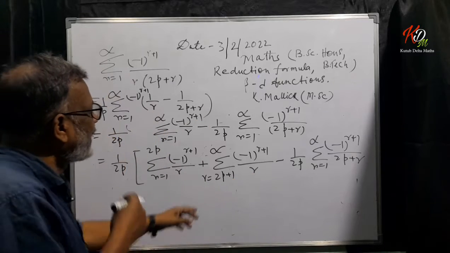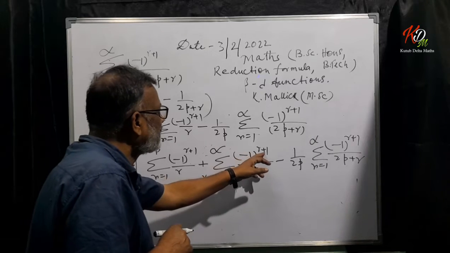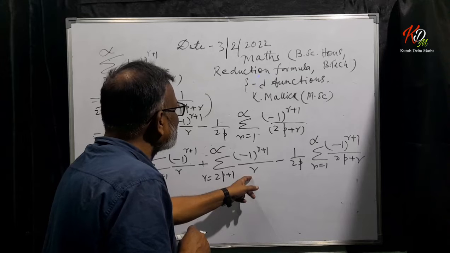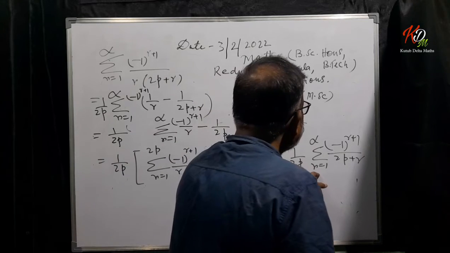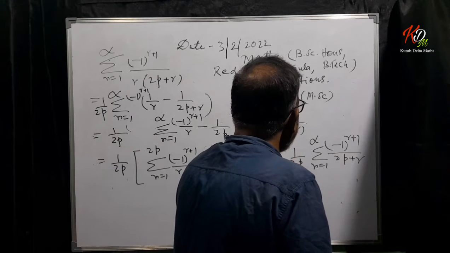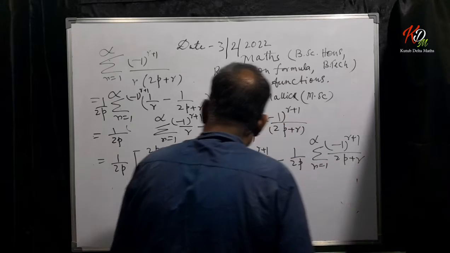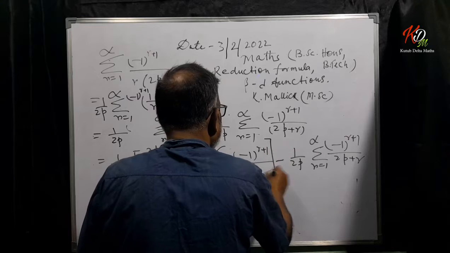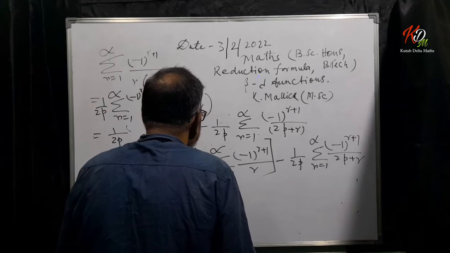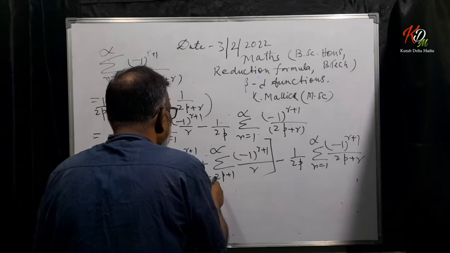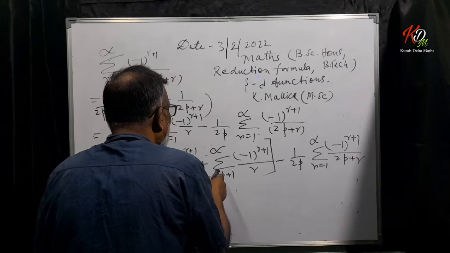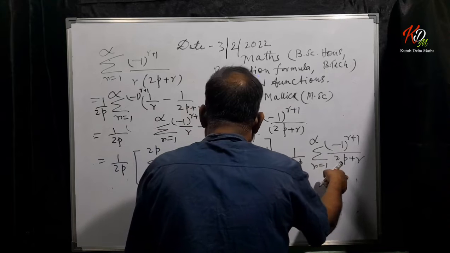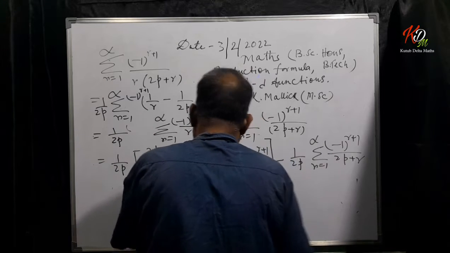Now putting r equal to 2p plus 1, this is 1 by 2p plus 1, minus 1 by 2p into 2p plus 1. So when r equal to 2p plus 2, r equal to 2p plus 3, this portion and this portion will vanish.